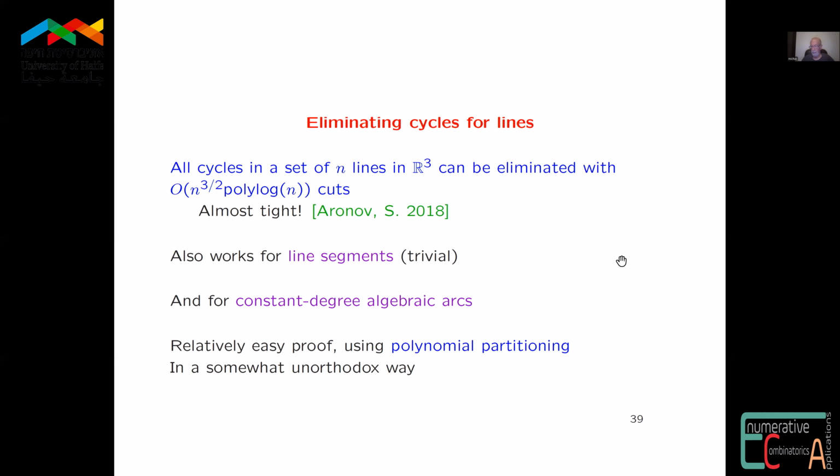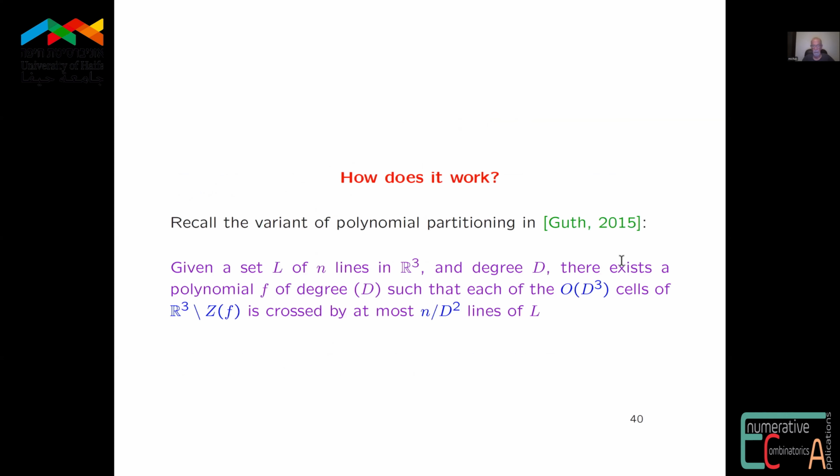And as it turns out in retrospect, the proof is relatively simple, and I actually want to show it to you on a few slides using polynomial partitioning in a non-incidental way, so to speak. So it's kind of a different way of using it. Again, we remember a good bound that says that if you have n lines in 3 dimensions, you can decompose space by a polynomial of degree d into d cubed cells, and each cell is crossed by at most n over d squared lines.